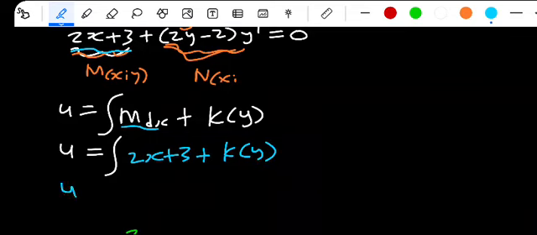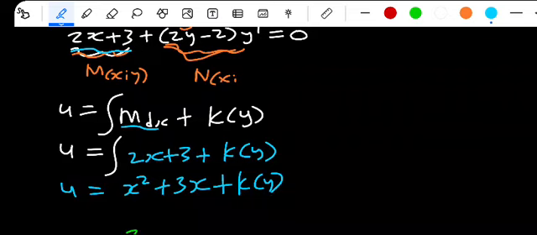The integral of 2x is x squared, since we divide by 2 and cancel that 2, plus the integral of 3, which is 3x. So we have 3x plus some function of y there.